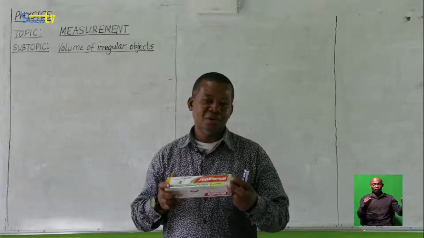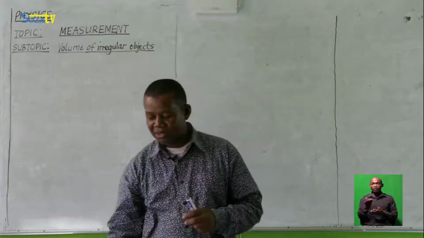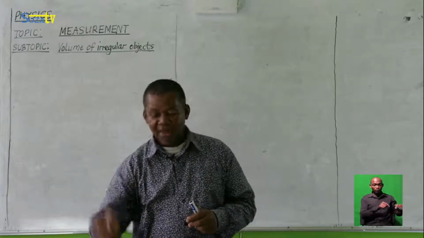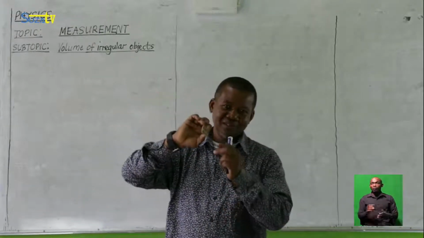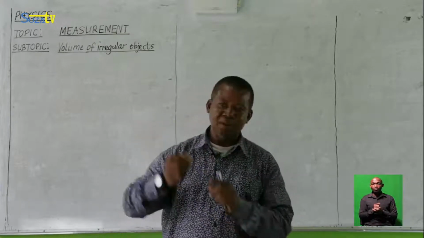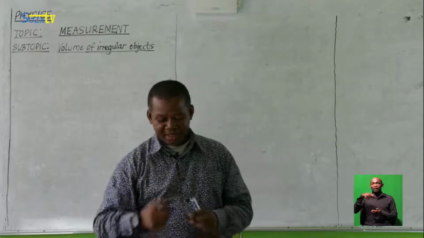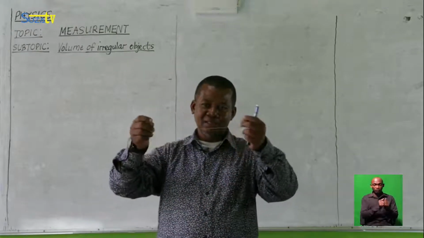Also, we have a box. Of course, a box is a regular object. We have a stone, which is an irregular object. And then we have a string. This is a string or thread that we are going to use.